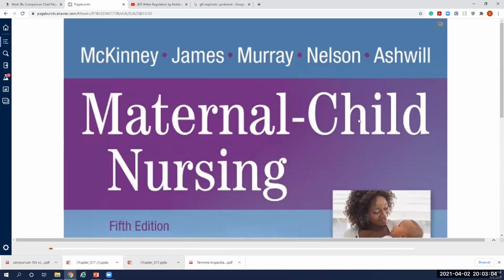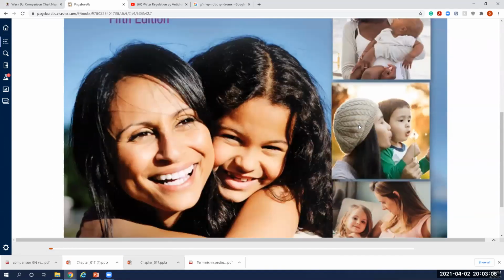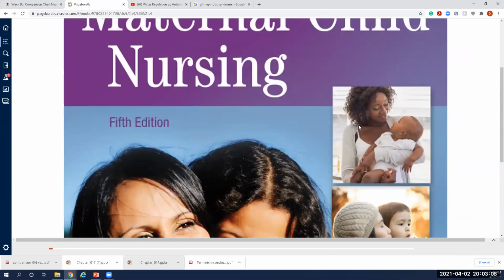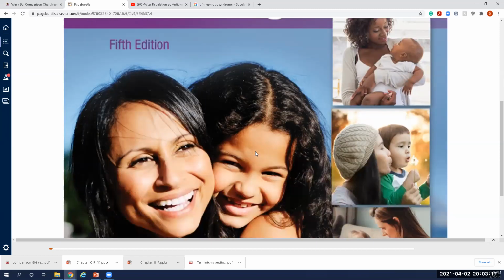There are copies of this book, I believe, up on the floor at the college.